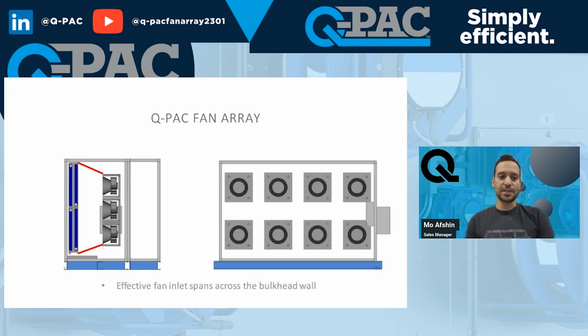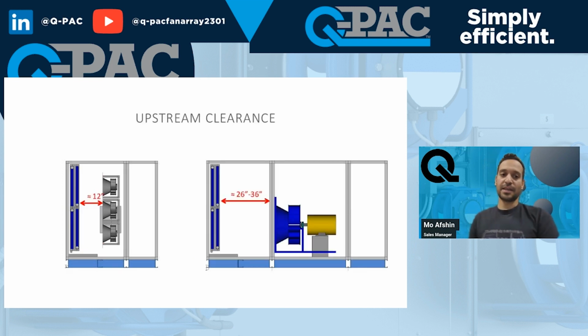Now we are designing our fan array to go across that span of the bulkhead of our air tunnel. So now we have a much larger effective inlet compared to that one single fan. Another rule of thumb for designing Q-PAC fan arrays inside of an air handler is that a foot, 12 inches, would be enough upstream of our fan array.